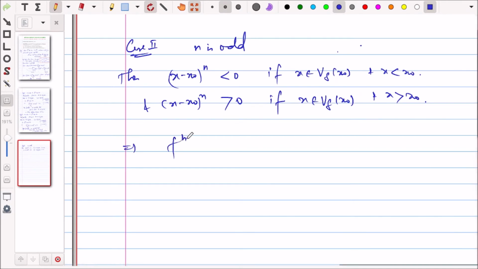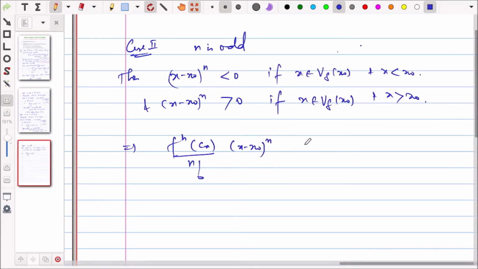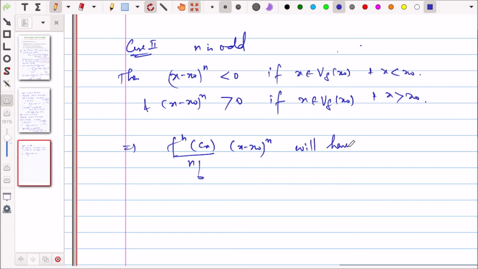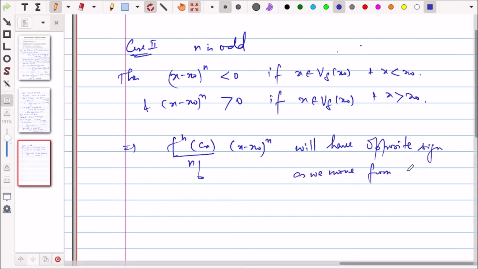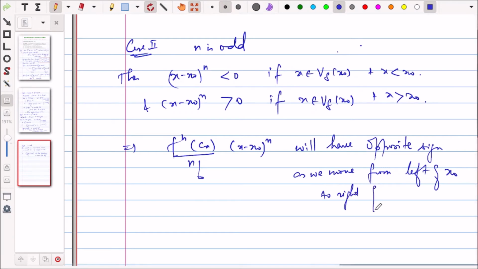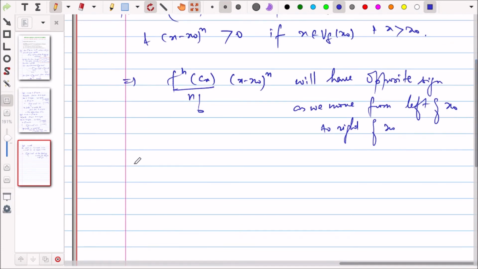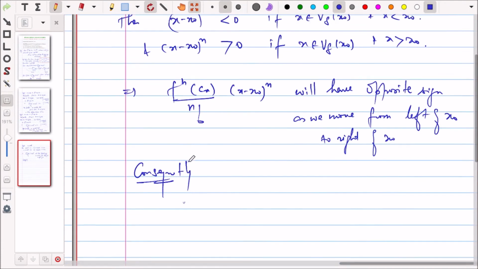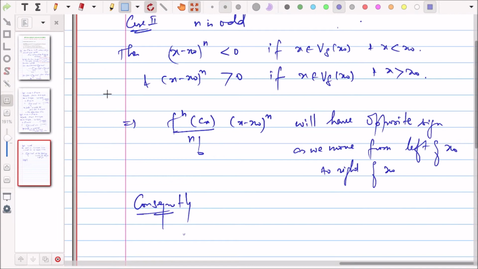So this implies f^n(c_x)/n! (x minus x naught)^n will have opposite signs as we move from left of x naught to right of x naught. Okay? It will either be positive or negative, but they will have opposite signs, right? And consequently we will have... let us write this properly, then you will understand.